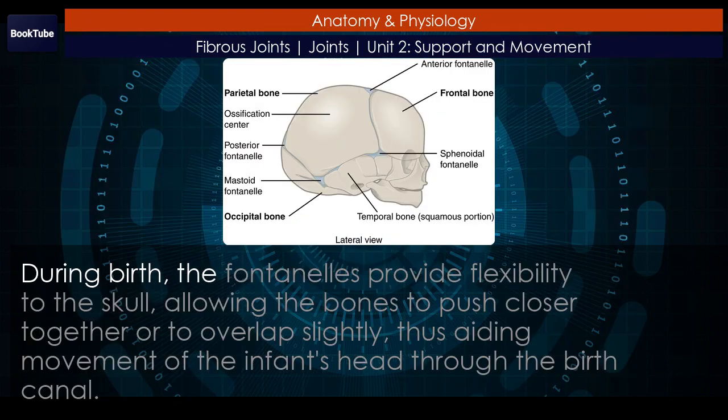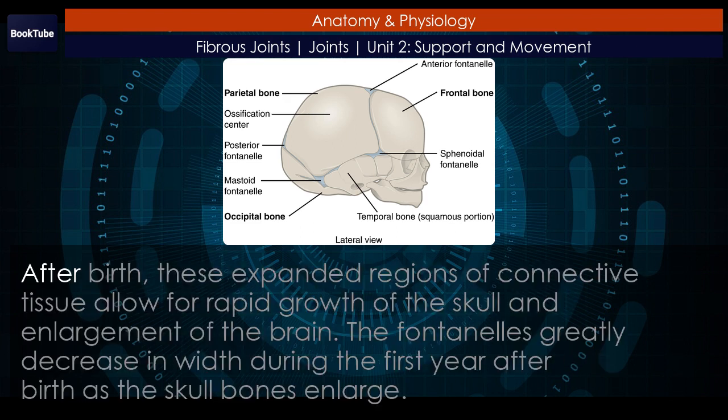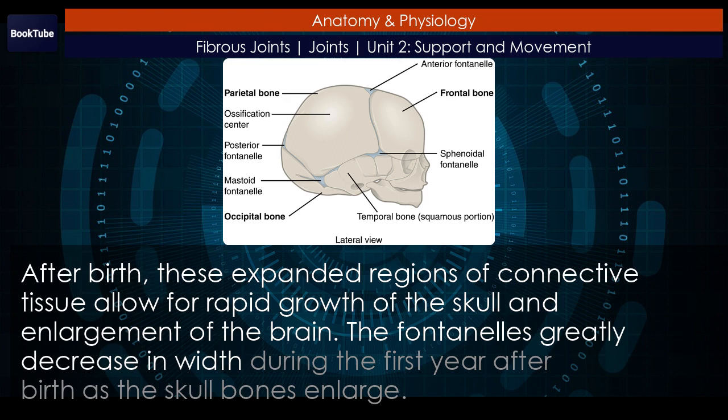During birth, the fontanelles provide flexibility to the skull, allowing the bones to push closer together or to overlap slightly, thus aiding movement of the infant's head through the birth canal. After birth, these expanded regions of connective tissue allow for rapid growth of the skull and enlargement of the brain. The fontanelles greatly decrease in width during the first year after birth as the skull bones enlarge.